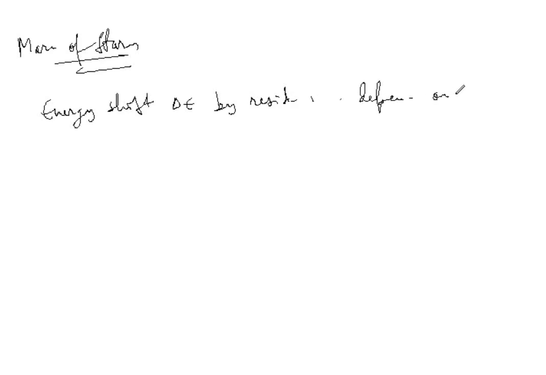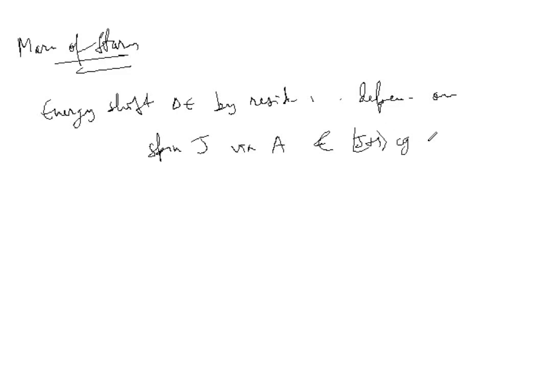So moral of story, what's the moral? The moral is that the energy shift delta E by residual interaction depends on spin J only through this factor A, which involves the Clebsch-Gordan coefficients and 2J plus 1.